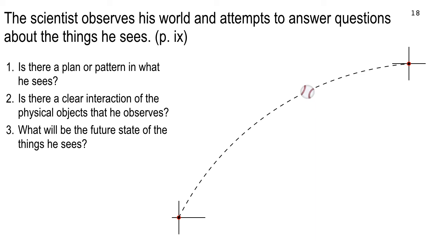Question number 3, what will be the future state of the things that he sees? Future state of the football game is the score. That's what he really cares about. Or, how much yardage? Does he get a first down? That's a future state, this particular play. And after 40 plays, you'll be able to figure out who won the game.